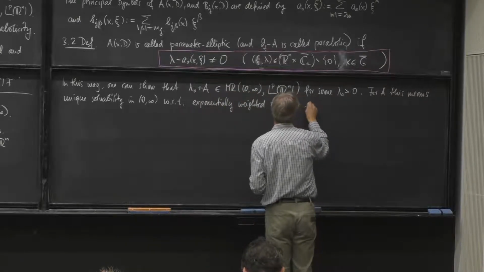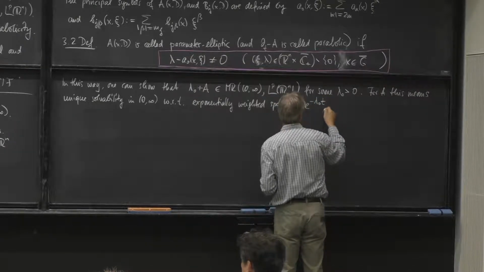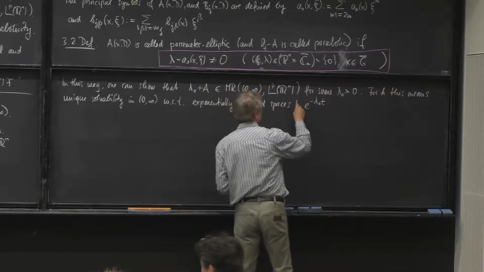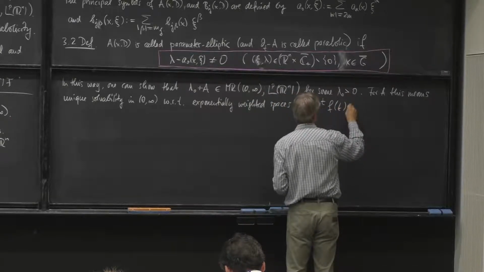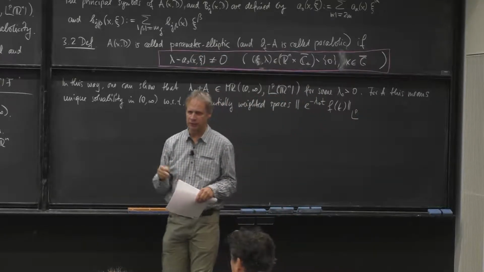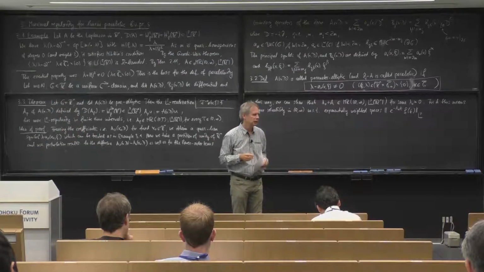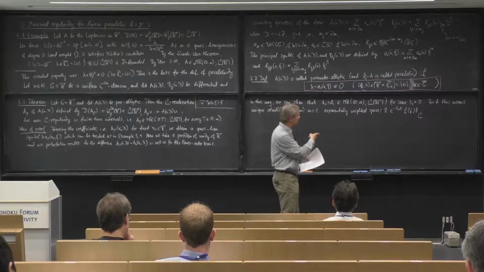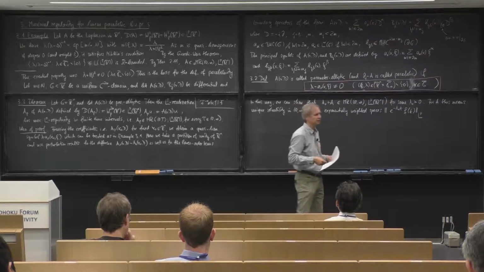So the weight is e to the minus λ0 t. I take, for instance, f in this weighted Lp space, so I get an exponential weight. If you plug this into the equation, you see this is just a shift in the operator. In finite time intervals, this exponential weight does not matter because it can be estimated on both sides by constants.